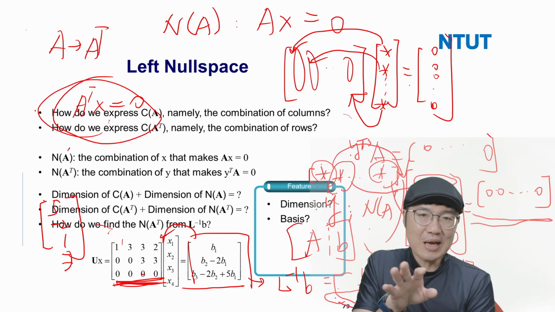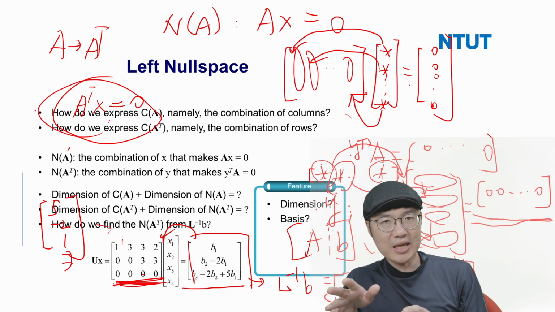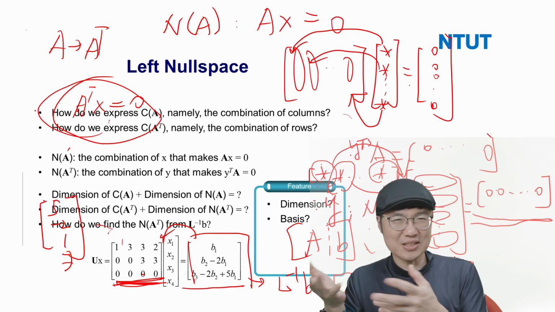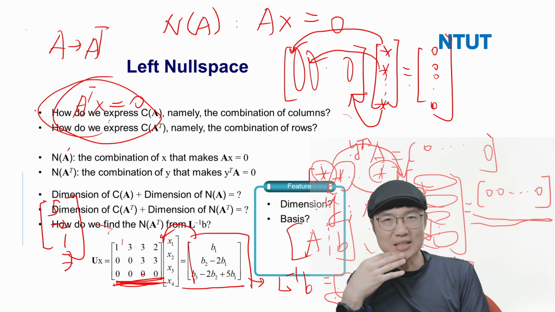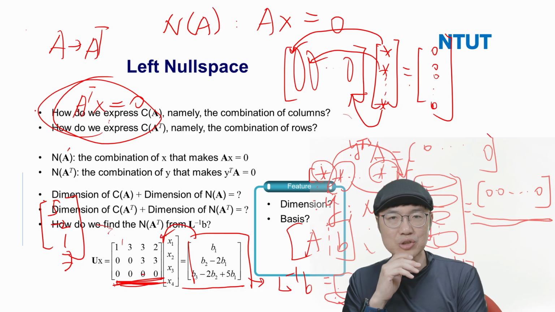But this cannot be done if you didn't attach the B along with A. It can, but it would be very complicated. It has to be found by multiplication of all the elimination matrices.